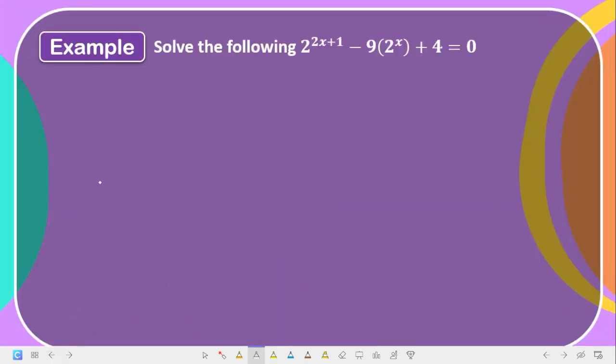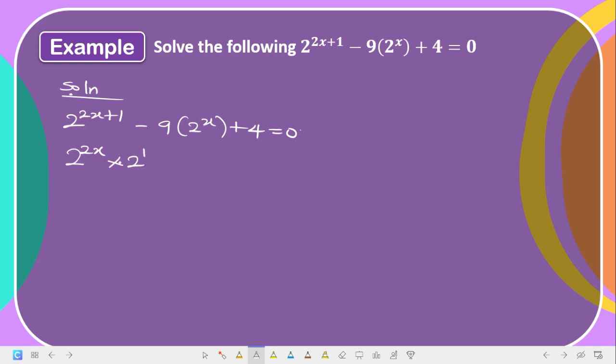So if I have something written like this, it's more like the solution. Let me rewrite everything again. 2 raised to the power of 2x plus 1 minus 9 times 2 raised to the power of x plus 4 is equal to 0. And this becomes 2 raised to the power of 2x times 2 raised to the power of 1.